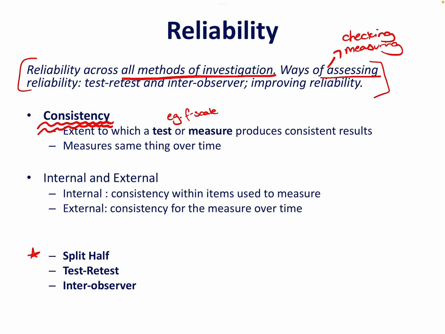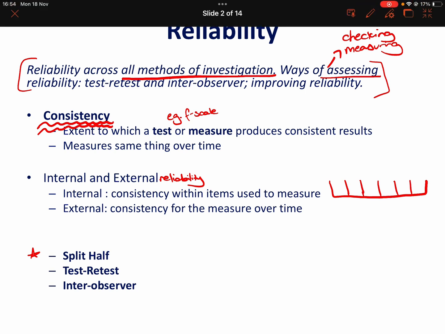We're going to be looking at internal and external reliability. And I'm just going to use the analogy of a ruler to illustrate this. So here we have a ruler. If we're talking about internal consistency or internal reliability, what we really mean is that within the measure itself, are all of the different items consistent?